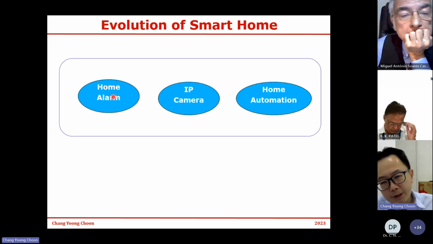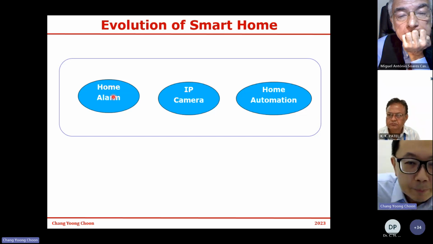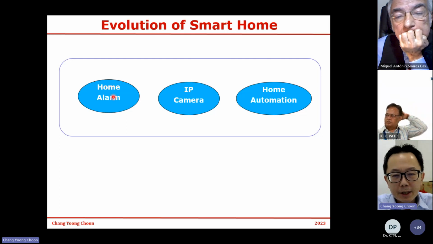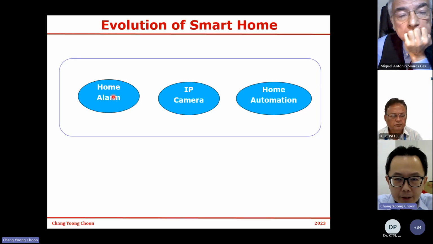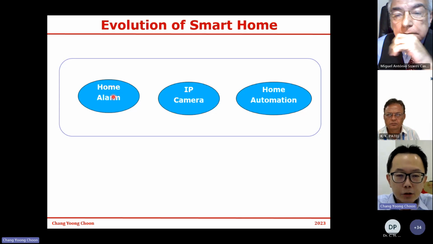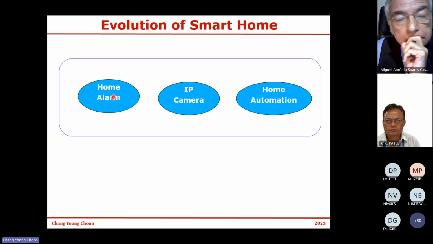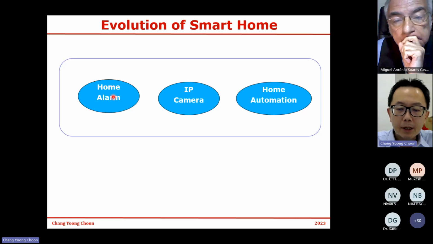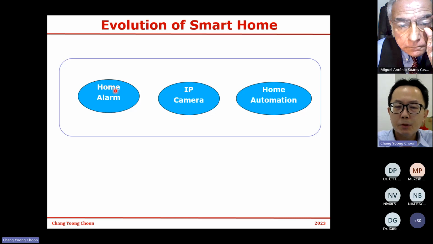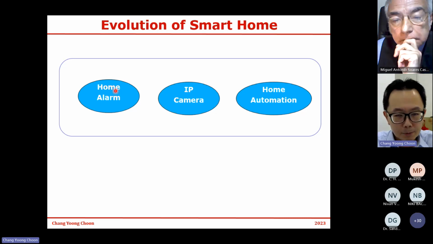Smart home is not a new thing. It has probably been there since the 1980s, so about 30 years. It used to be for rich people, but now you don't need to be rich to have a smart home.